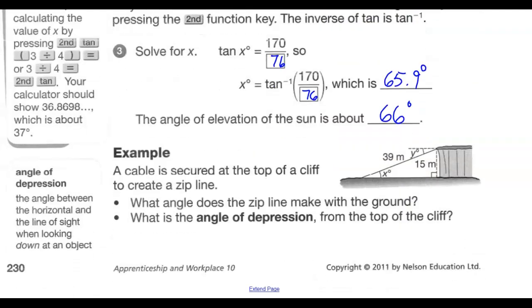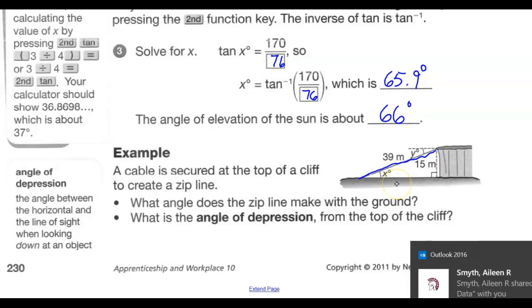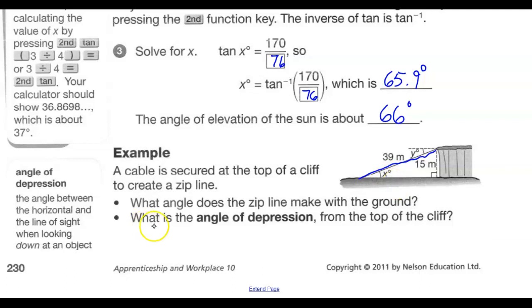All right, next one says a cable is secured at the top of a cliff to create a zip line. So here's the zip line. What angle does the zip line make with the ground? So this angle X. Okay. That angle Y is called the angle of depression.